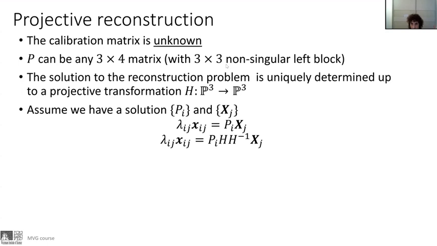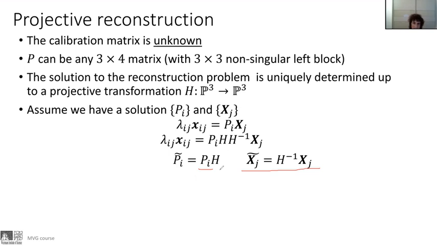This is just an identity, right? And now I have a new set of cameras and a new set of points. The points in the space are some homography times Xj, and the cameras are the inverse of the homography from the right times the camera that I had before.